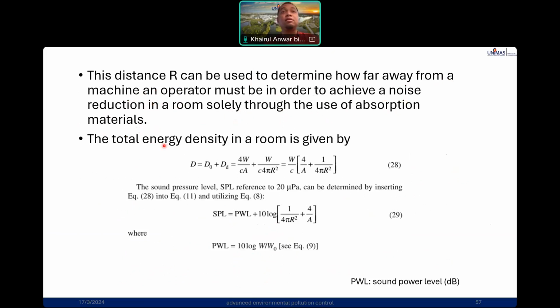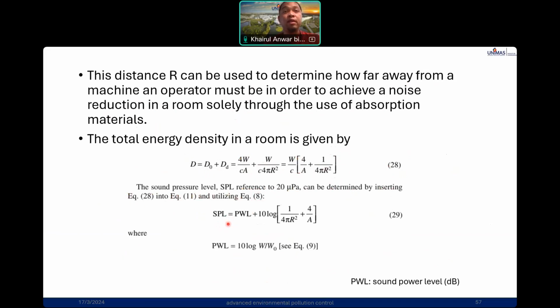So the total energy density in a room is given by D equal to D naught plus D direct, or W over CA plus W over C 4 pi R squared. To simplify, the sound pressure level SPL, referenced to 20 micropascal, can be determined by substituting equation 8 into equation 11 and utilizing equation 9.